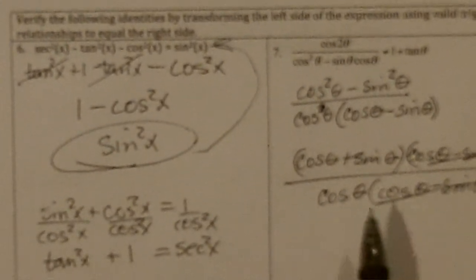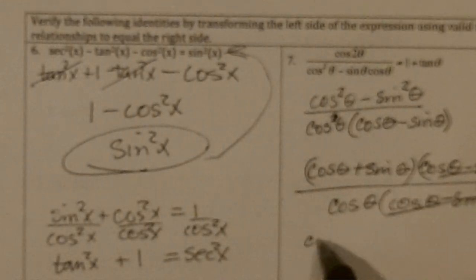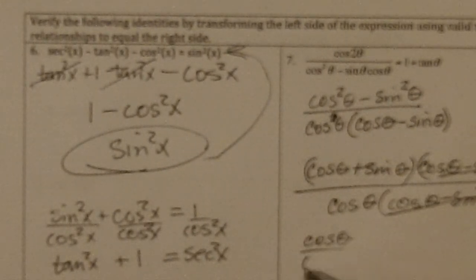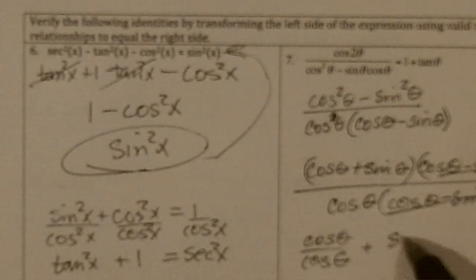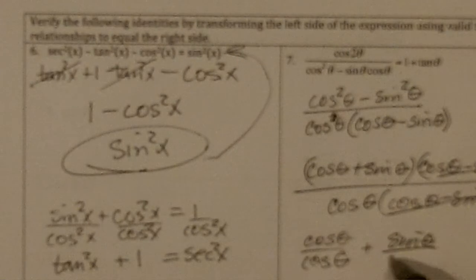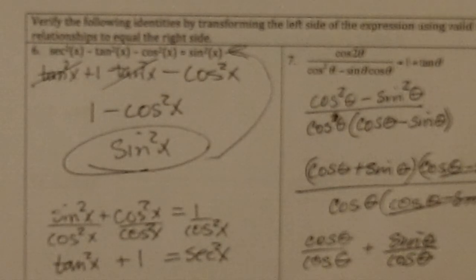So then I'd have to put the cosine into this. So this would be cosine theta over cosine theta plus sine of theta over cosine theta, which is 1 plus tangent theta.